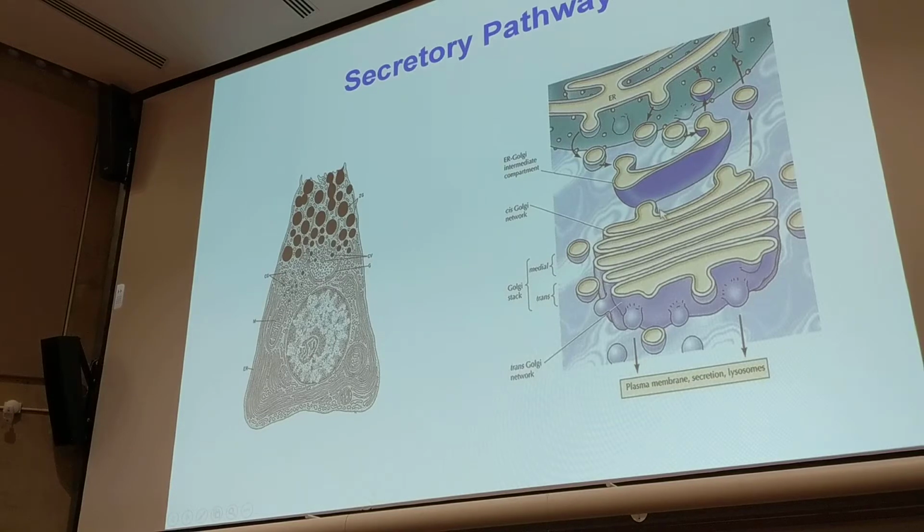Golgi is also very complex, and it looks like a stack of pancakes. It's been formed by the ER-Golgi intermediate compartment, the cis-Golgi network, the trans-Golgi network, and the Golgi stack or Golgi proper, the medial and trans.